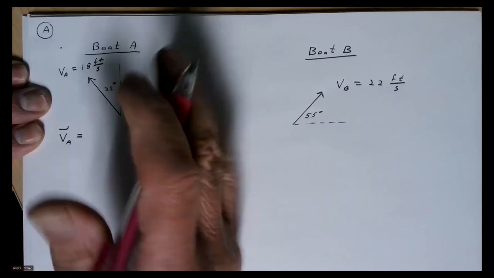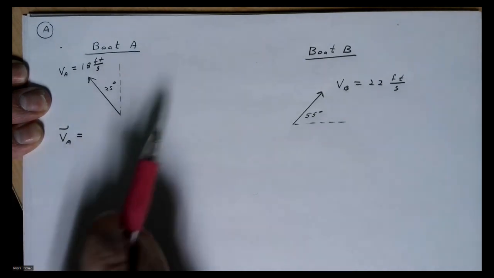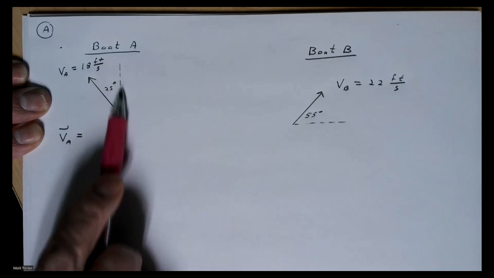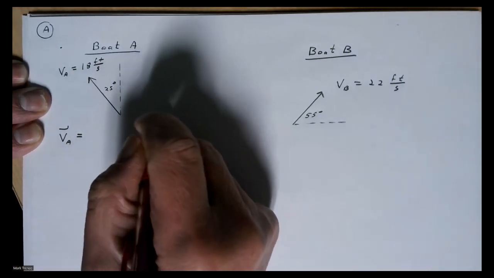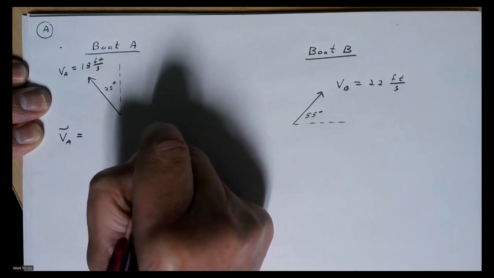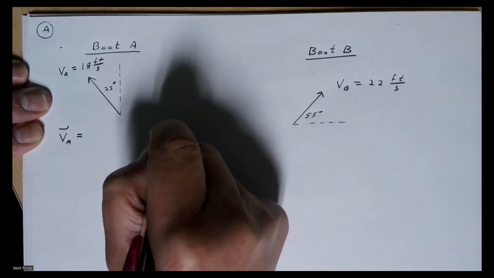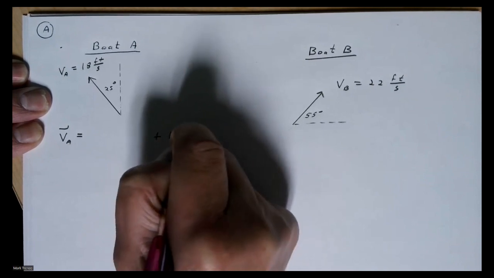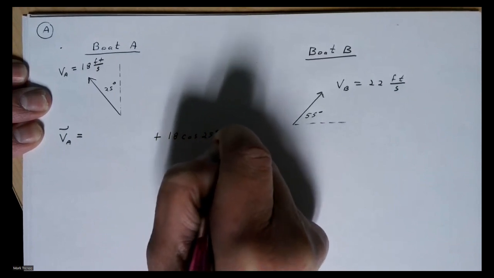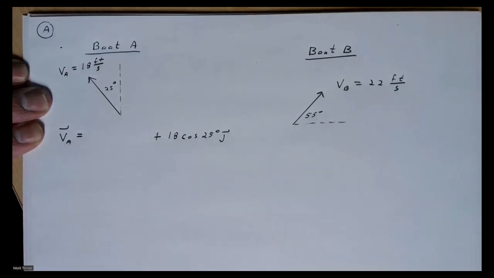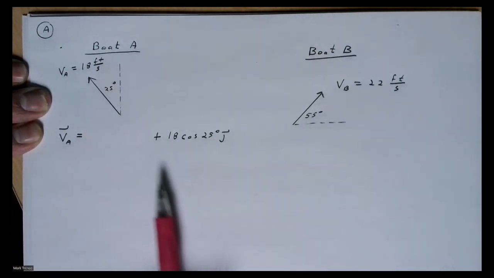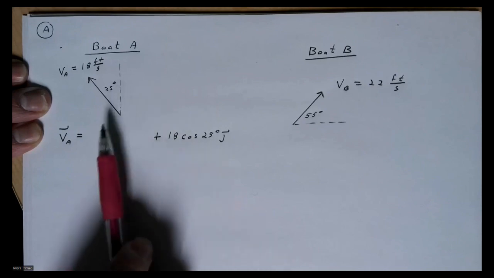Let's find the vector of A. Remember, it's always easiest to start with the adjacent. Adjacent to 25 is the y-axis, so we'll do the adjacent first. That's going to be 18 cosine 25 J. Notice it's going in the positive y direction, so the J component will be positive.